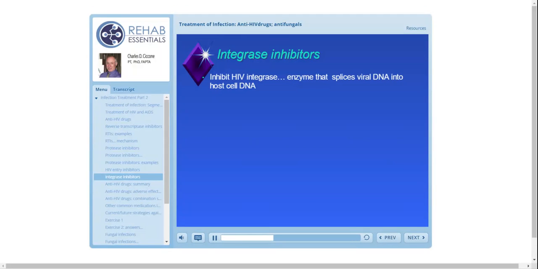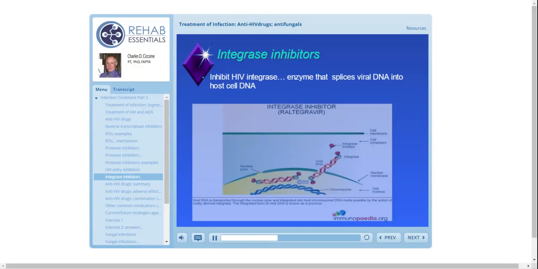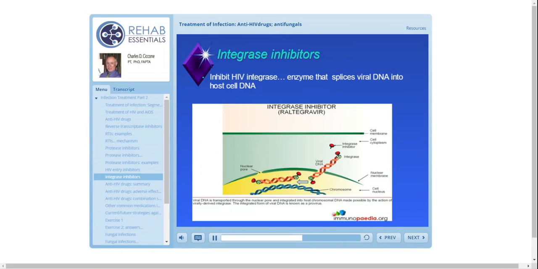That's done by an enzyme called the integrase. So you see that down here on this diagram, where the drug again binds to the ends of this genetic material, the viral DNA, and it doesn't allow the enzyme to do its job, to put that viral DNA into the host cell DNA.